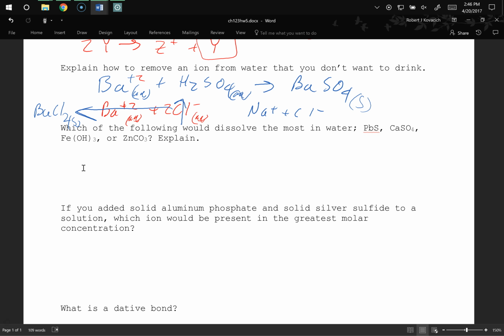Concentration and KSP are related to each other, but they're absolutely not the same thing. So I would have to look up each of these KSPs. Does somebody actually do that? Or are you going to make me do it?